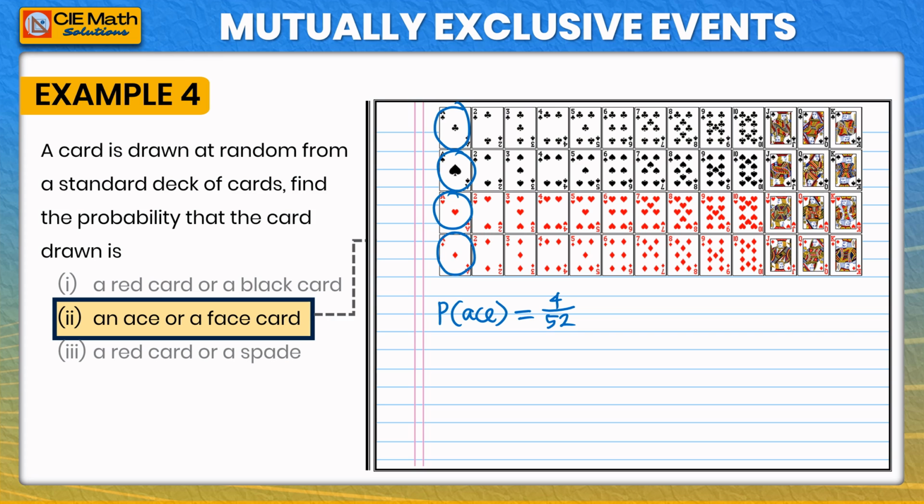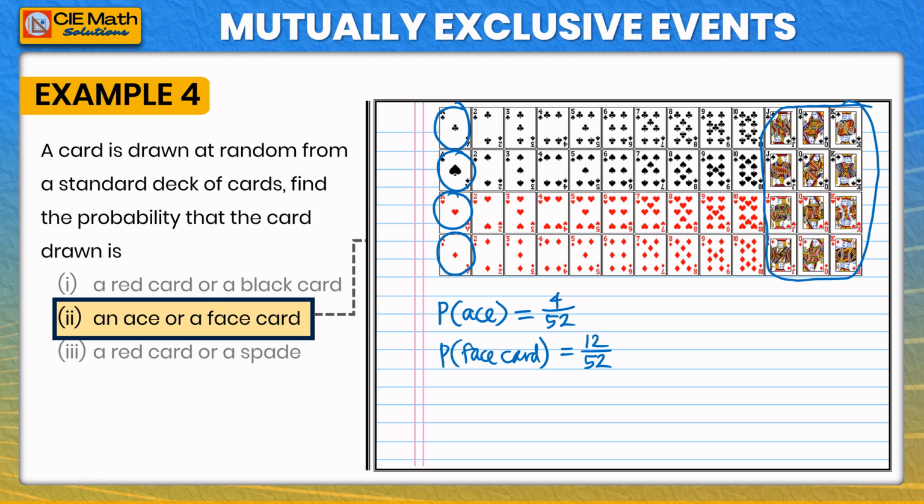For the face cards, a face card is a card that contains faces. Those are all the Jack, Queen, and King. So we have all of this as face cards. 3, 6, 9, 12. So there are 12 out of 52 cards.